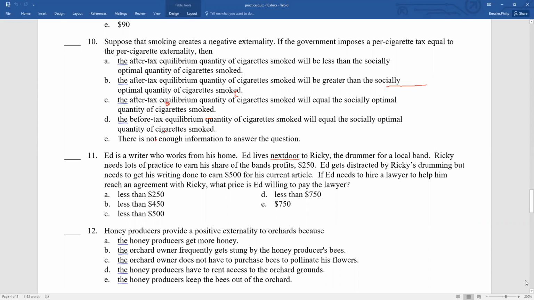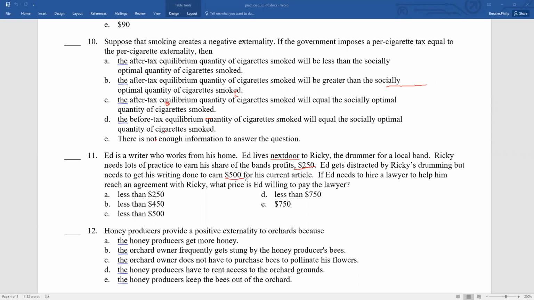Now here we have the Coase theorem. Ed's a writer who works at home. Ed's next door to Ricky the drummer. Ricky needs a lot of practice. He gets a $250 benefit from his band. Ed gets distracted. He loses 500.